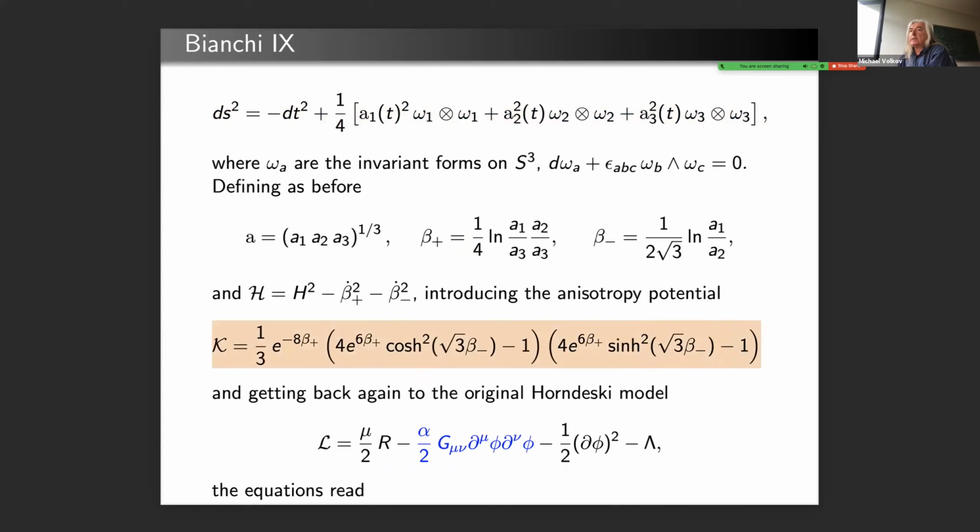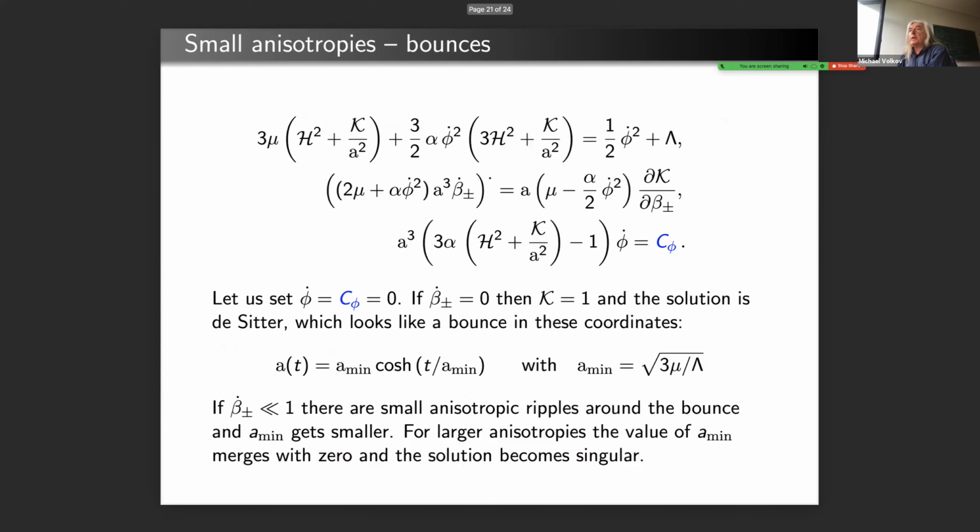And if you again consider the same simple Horndeski model I started with at the very beginning, then the equations boil down to the following three: the Friedmann equation, and then the equation for the anisotropies, which this time does not have the total derivative structure, because there is a potential on the right. But the scalar field equation can still be integrated.